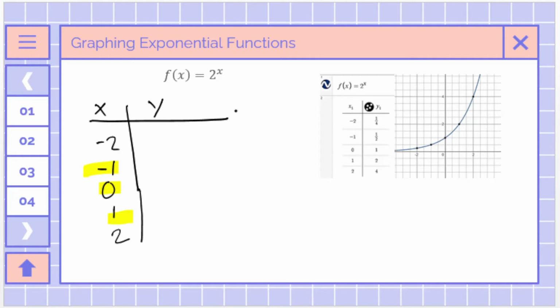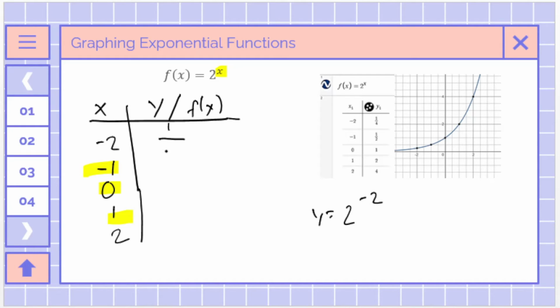Now, to get the value of the function, or the y, we are just going to substitute the x into the function, our f of x. So first we have -2 as our x. So y is equal to 2 raised to -2. That is what? Remember reciprocal.